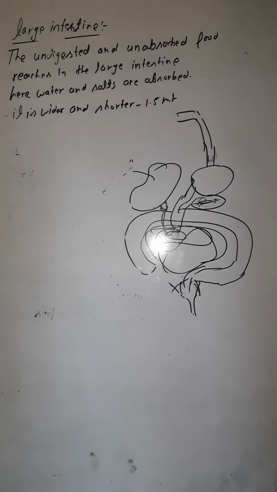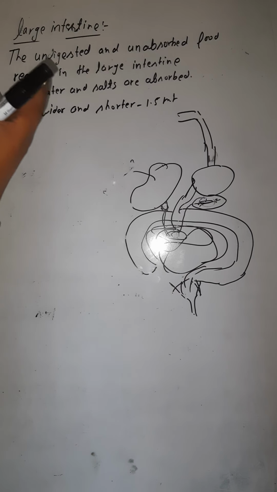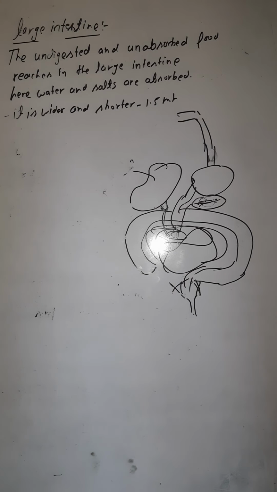Okay, this is now the function of the large intestine. What is the function of the large intestine? It absorbs the water and the salt which is present in the food. Okay, it has basically three parts.